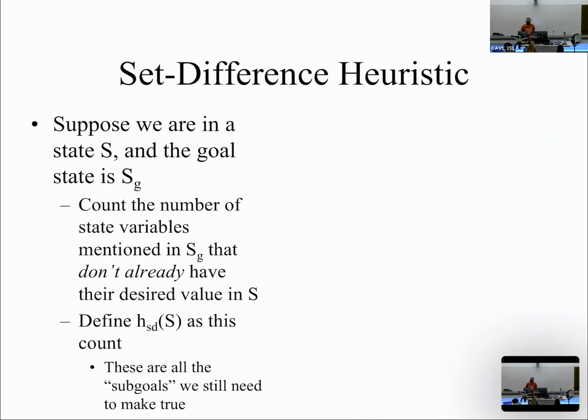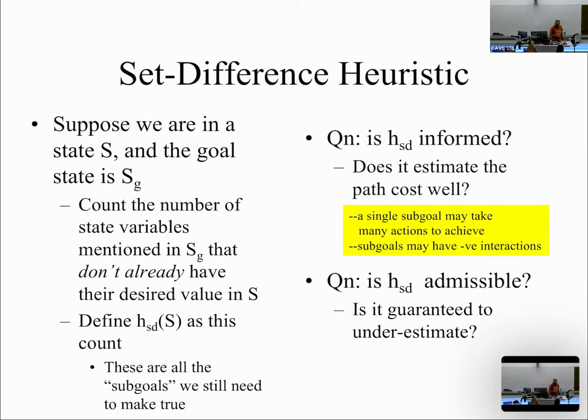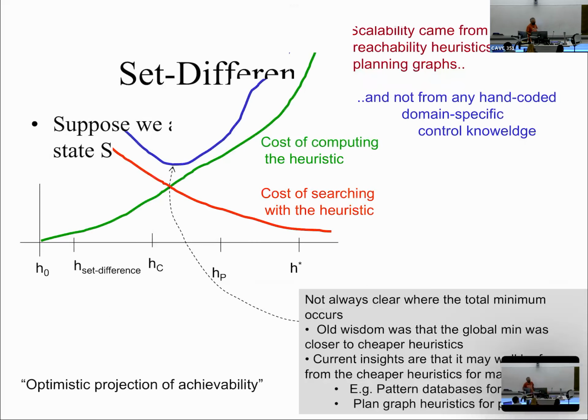It completely ignores how many actions have to work together to achieve goal G1, even if there are no negative interactions. Just the causal chaining might be required sometimes. So the set difference heuristic is the first idea. That's a dumb idea. And it turns out the set difference heuristic is both inadmissible and uninformed.